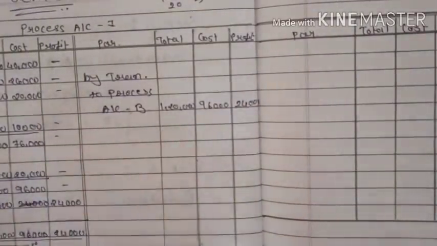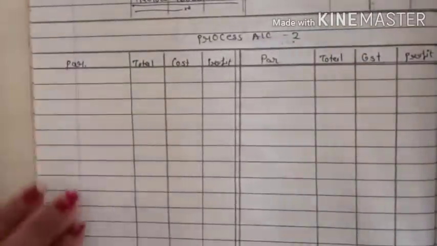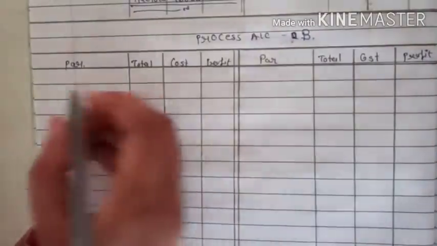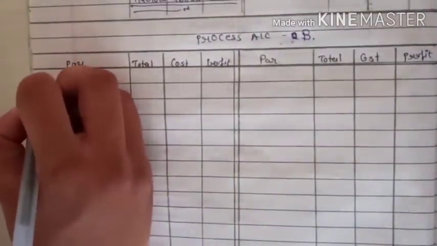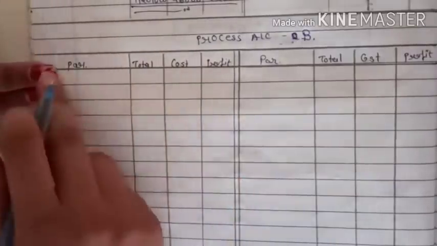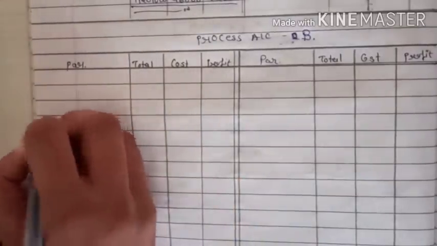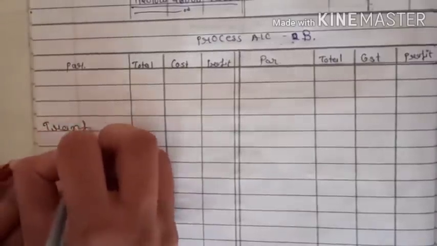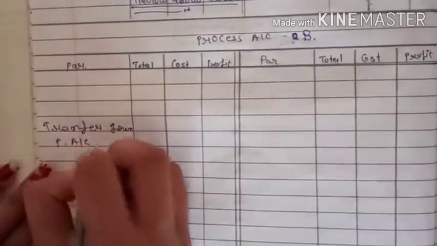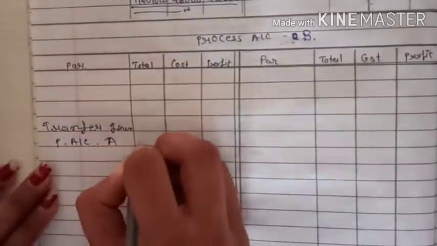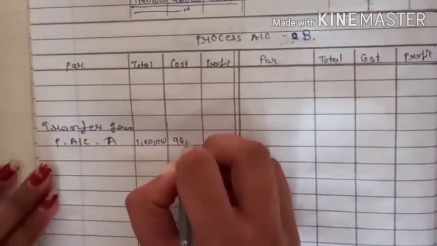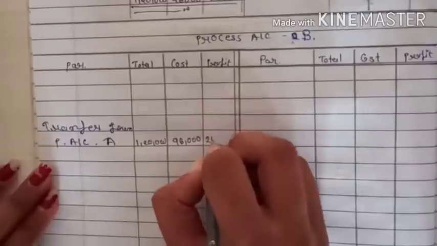This amount we transfer to process account B. After splitting out the two lines, here we write down transfer from process account A: 1,20,000, 96,000 and 24,000.